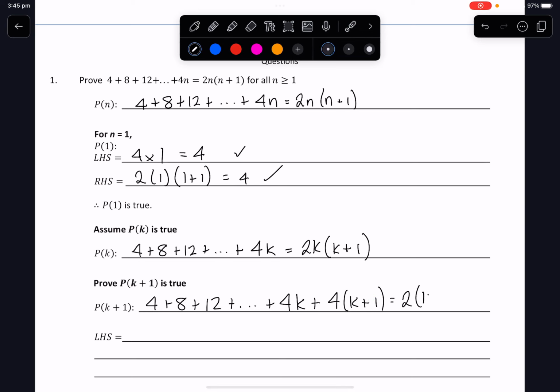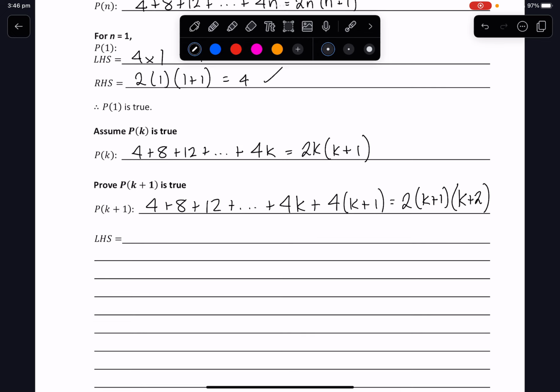I've got 2(k plus 1), and then in brackets, (k plus 1 plus 1). You can see this k has become k plus 1, and this k has also become k plus 1. You may also notice we can simplify in there, so let's do that now. I've got k plus 2.